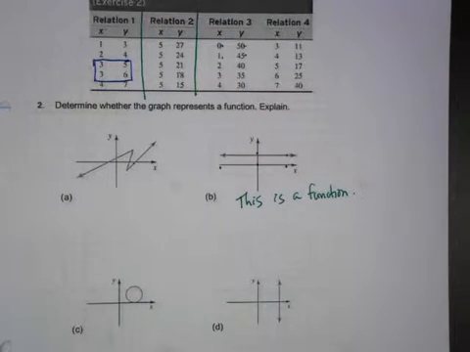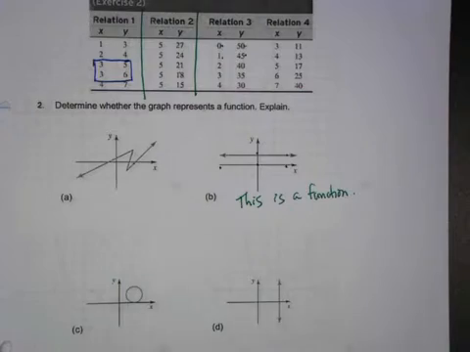How about the first one? Function, yes or no? No. Why not? What's wrong with it? It's kind of crazy, squiggly. It's just because it's kind of crazy doesn't mean it's not a function. Because when you go to x, you could either go up or down, and you'd have 2 y's for 1 x. Where? Right where it zigzags.